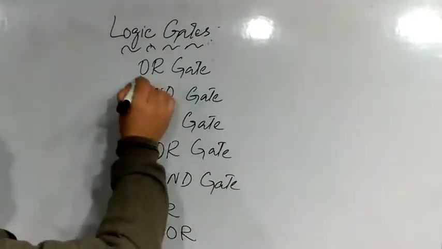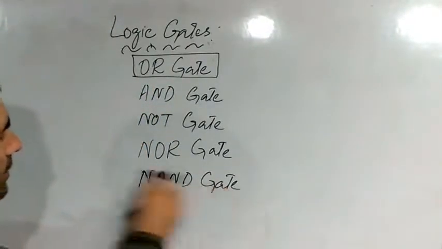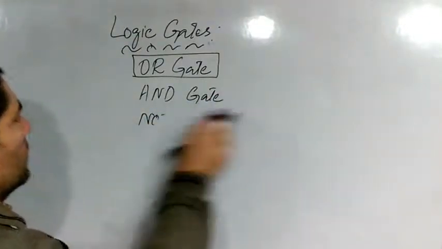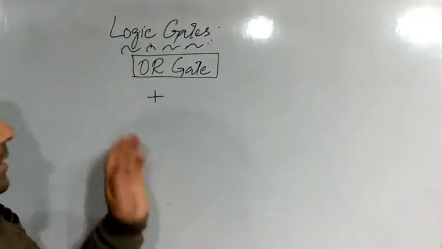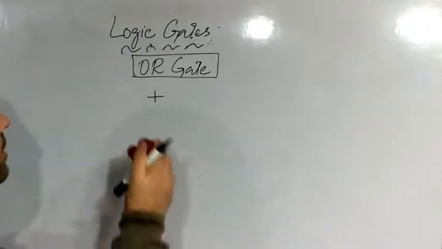This is our first gate we are discussing, the OR gate. This OR gate can take two or more inputs like this.